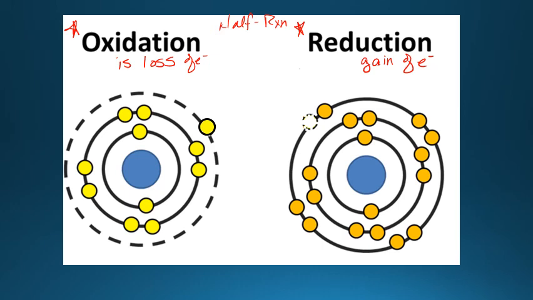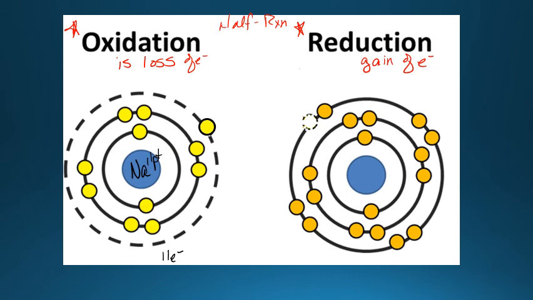Wait a minute. How on earth can reduction be gain? Well, it actually does make perfect sense, but let me explain how and why it makes perfect sense before you start calling me bad names. Let's take a look at sodium for a second. We know sodium happens to have 11 protons, and out here there's 11 electrons.